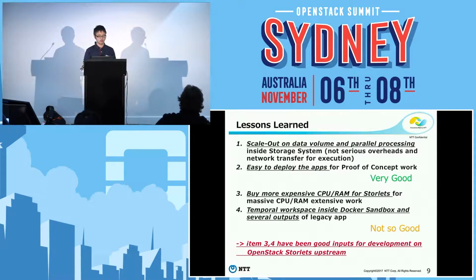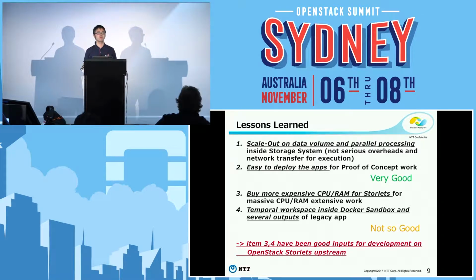That's because 3D mapping processing is CPU and RAM expensive work, more than I expected. So we need to buy more expensive CPU and RAM for storage, which may not be required for OpenStack Swift. And item four is a problem with the temporary workspace.